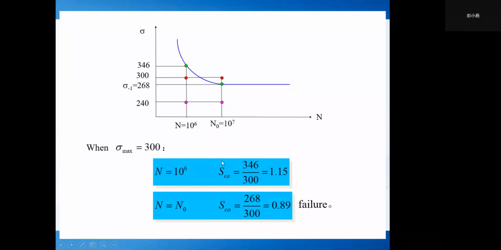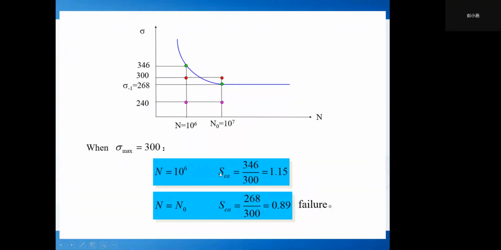So Laoshi, if it's more than 1, then it's safe, right? Yes, for this one it is safe, but for this n0 it is not safe. The safety factor is less than 1. It's not safe. The element will fail. So if bigger than 1, then it is always safe.